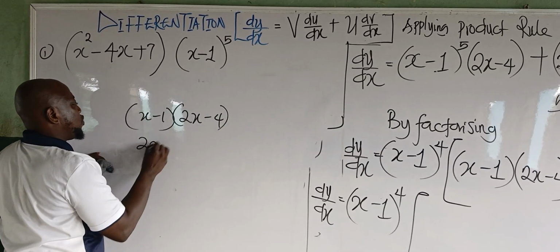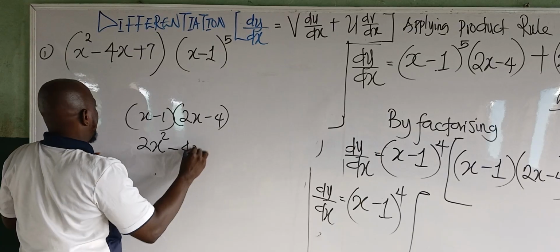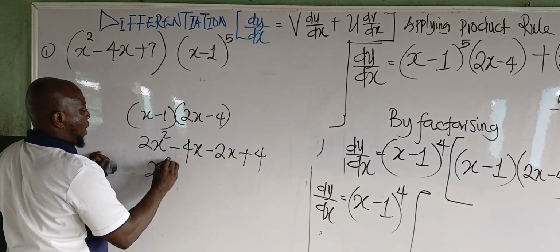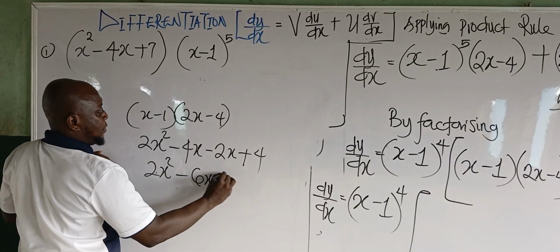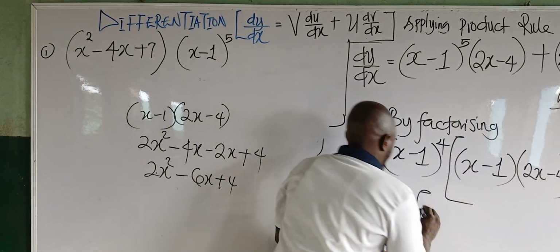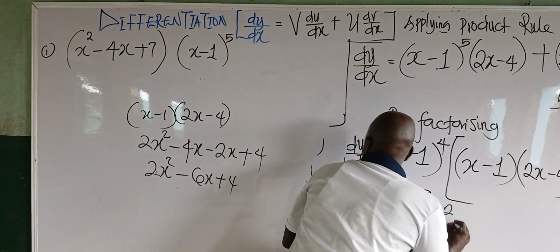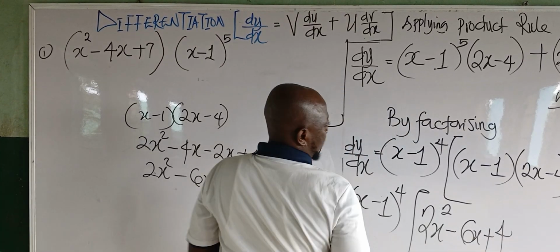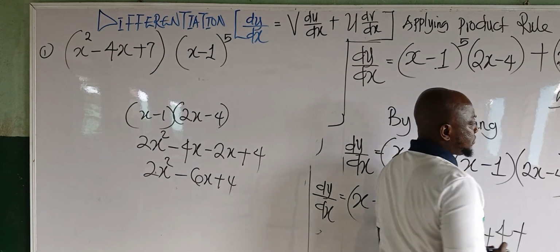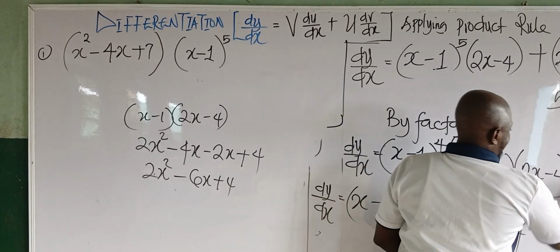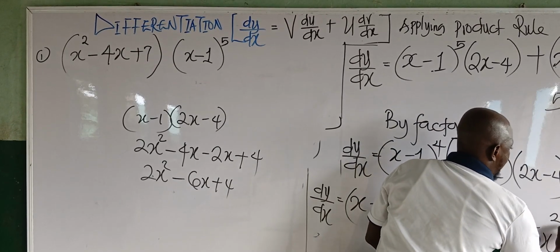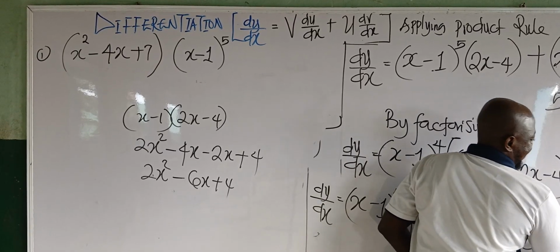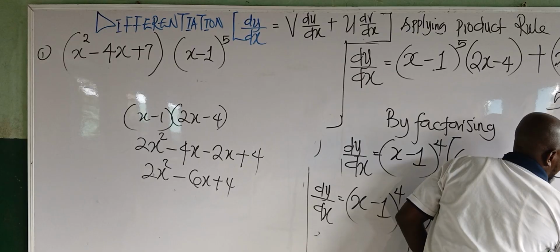Expand this now, I'm having 2x squared minus 4x minus 2x plus 4. So 2x squared now will give us minus 6x plus 4. That's what I'm having here. So I'll introduce that now: 2x squared minus 6x plus 4. Now, I have plus here. I'm going to open this bracket. This times this now will give us 5x squared, minus 5 times this one will give us 20x, and this and this one now give us 35. That's what I'm having here.